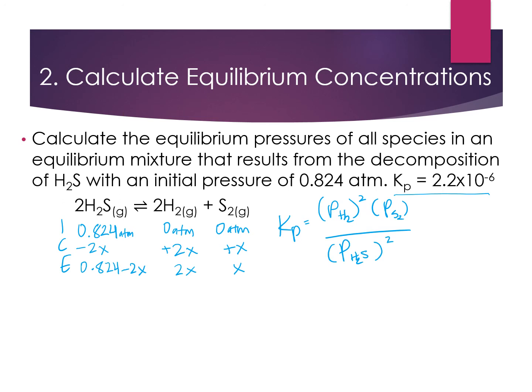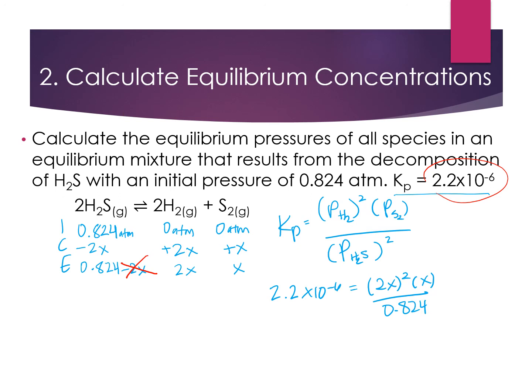So now I know that my Kp value is 2.2 times 10 to the negative 6 equals 2x squared times x over, now because this K value is so small, I can ignore this change in x. Even though it's 2x, x is going to be so small that the change is insignificant. So I get to ignore that x.